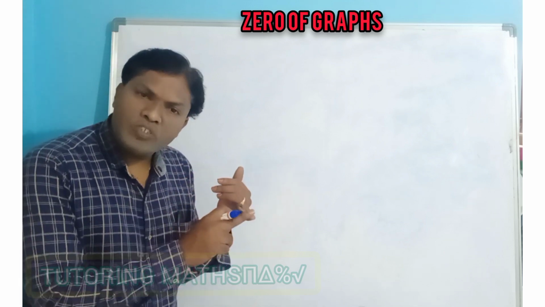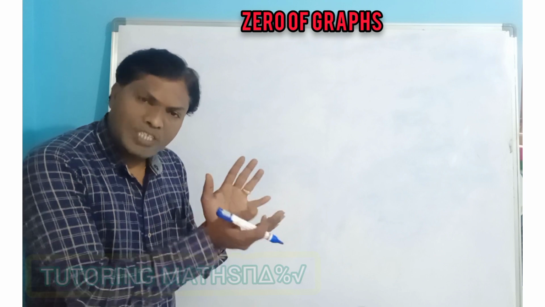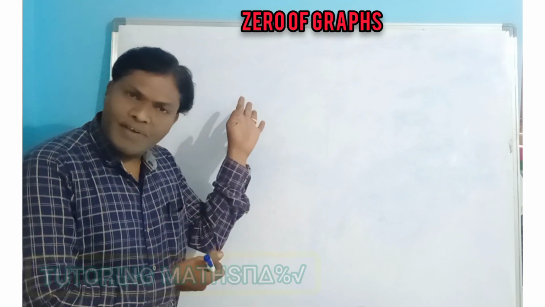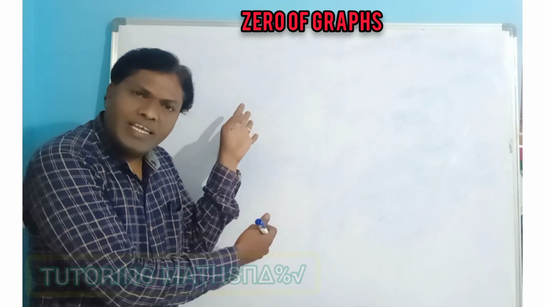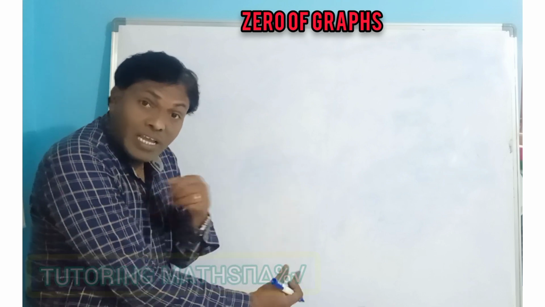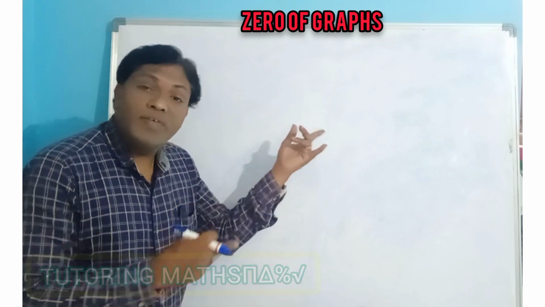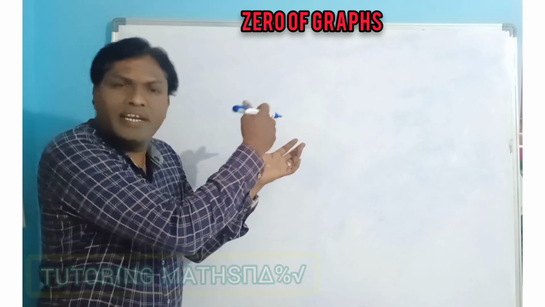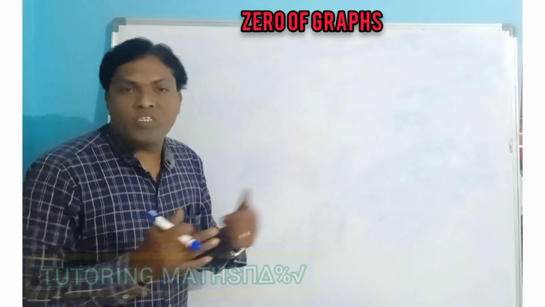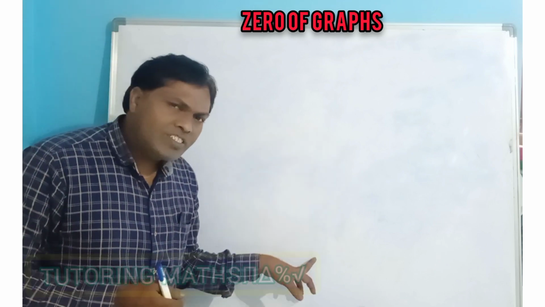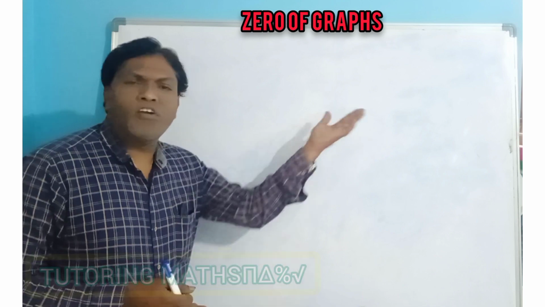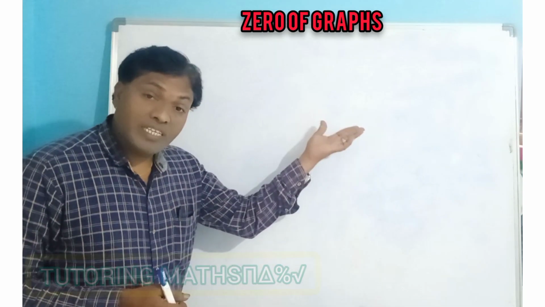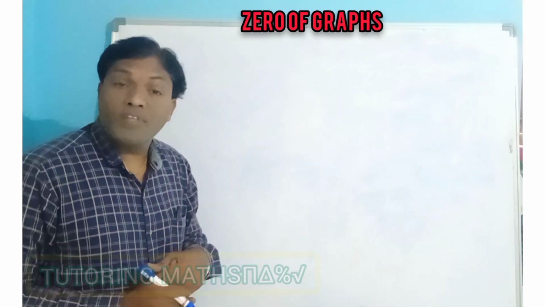So that's it. Just now we have discussed the zeros of the polynomial. When particular values are given, we substitute those values in the given polynomial, and finally we check the result. If the result is 0, then the values we have substituted in the polynomial are called zeros of the polynomial. If the result is not equal to 0, then we can say that they are not the zeros of the polynomial.